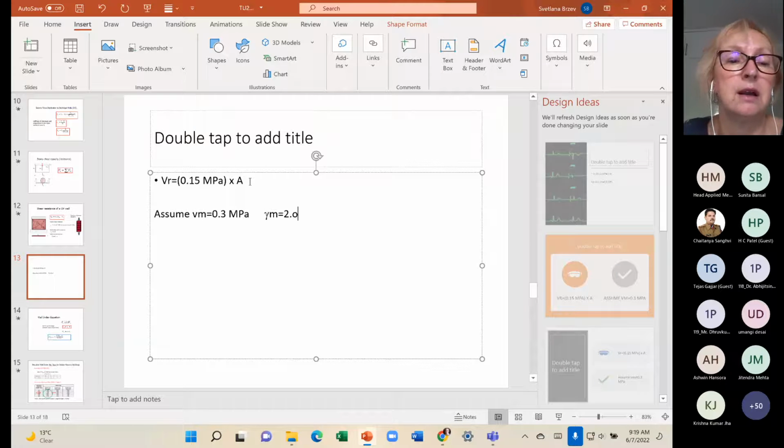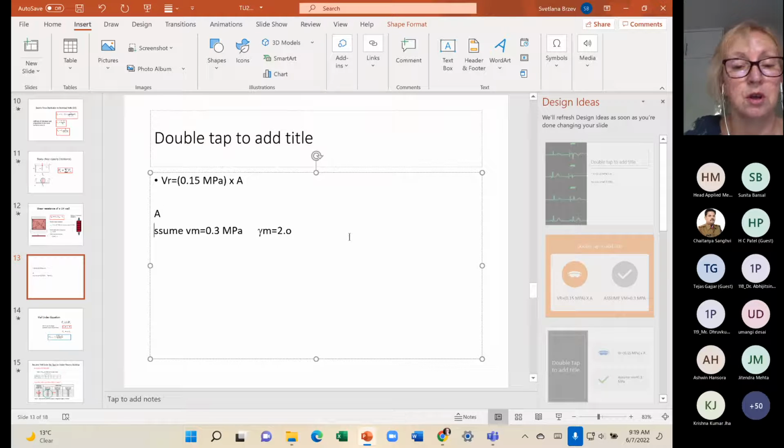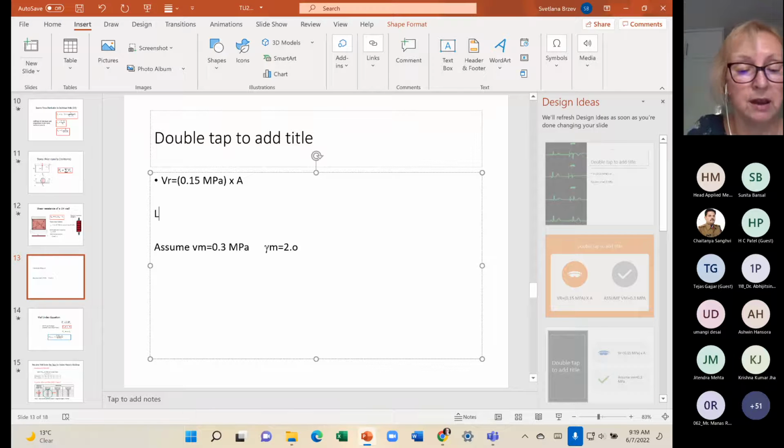So we have gamma m is 2.0, and we said that these two values are divided. That's why, for an area, let's say the wall length for the purpose of calculation, we can easily calculate it. In fact, I want to just get a sense. We have, let's say, length equal to 5 meters and the thickness equal to 0.23 meters.